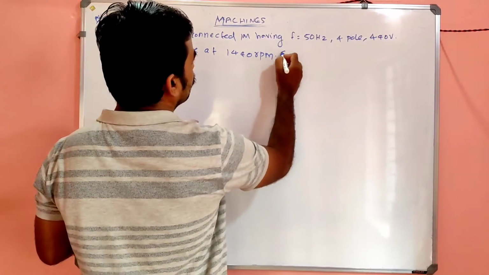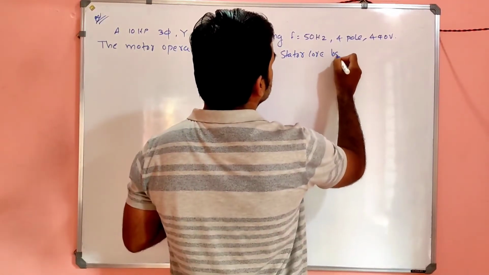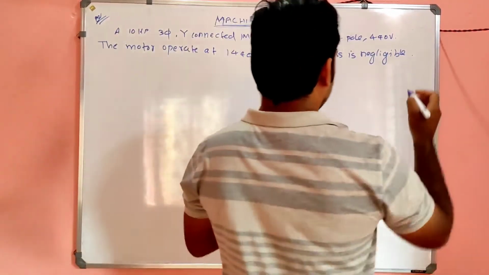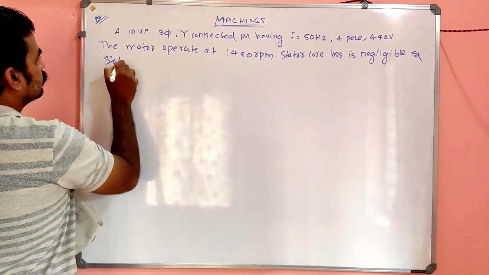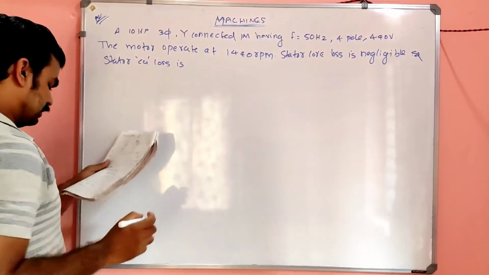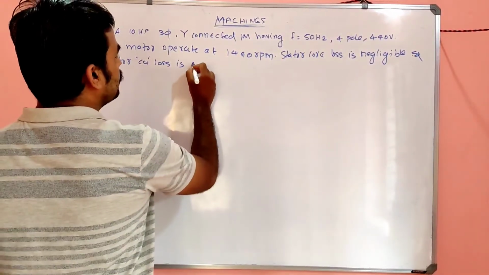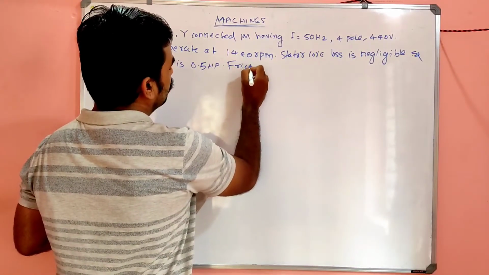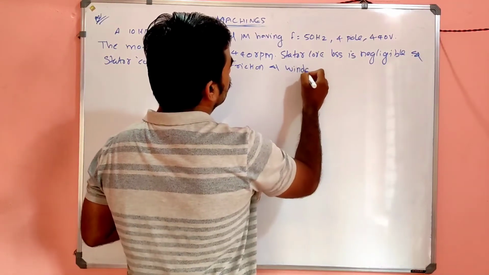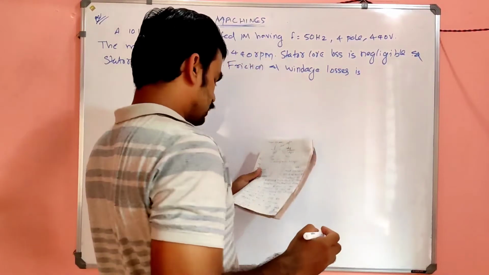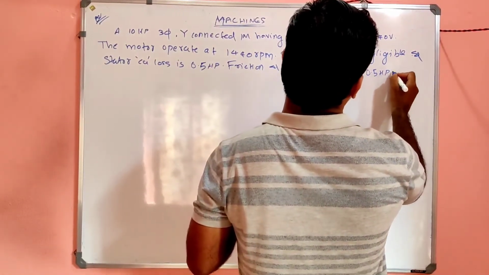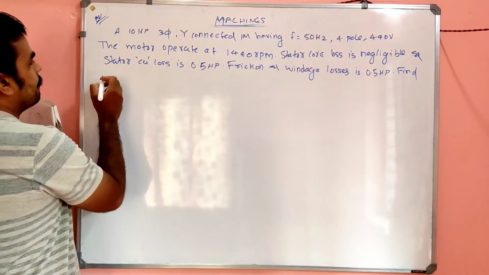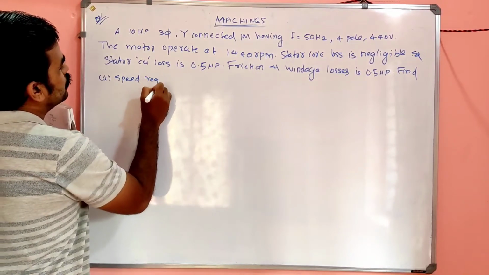Stator core loss is negligible. And stator copper loss is 0.5 HP. Friction and windage losses is 0.5 HP. Find A. Speed regulation.